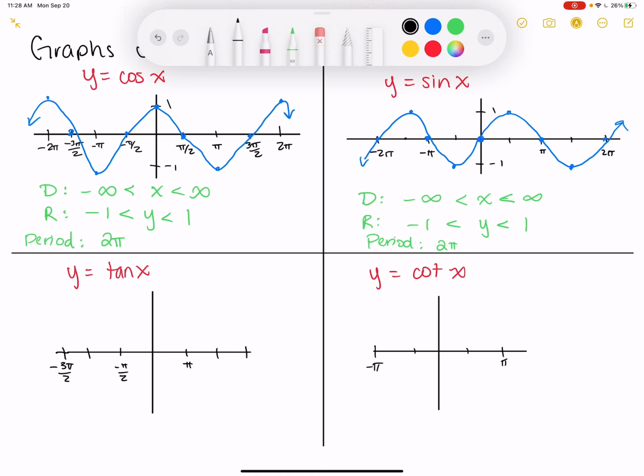Tangent has them at pi over 2's. So we put the dotted lines there.